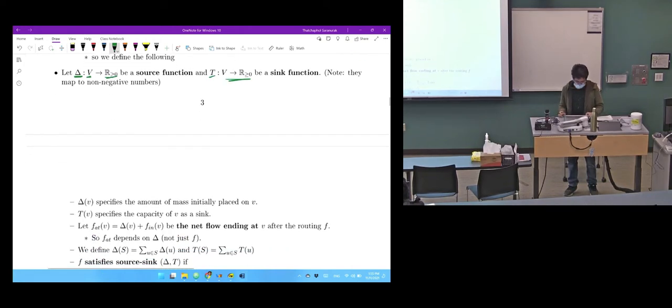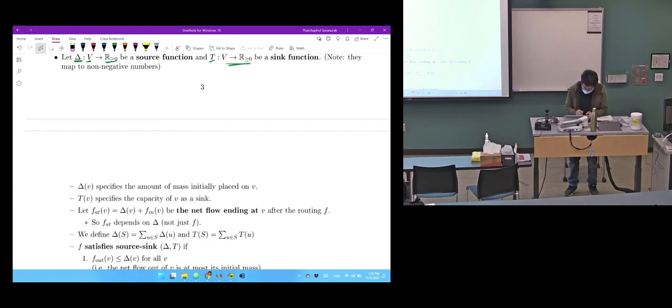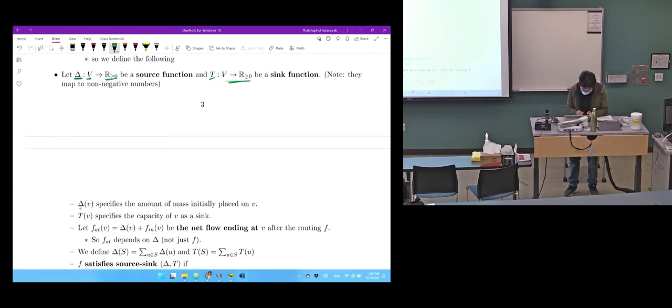You think of the source at V as specifying the amount of mass or flow that is initially placed on a node V. And the sink function is like the capacity of V as a sink.